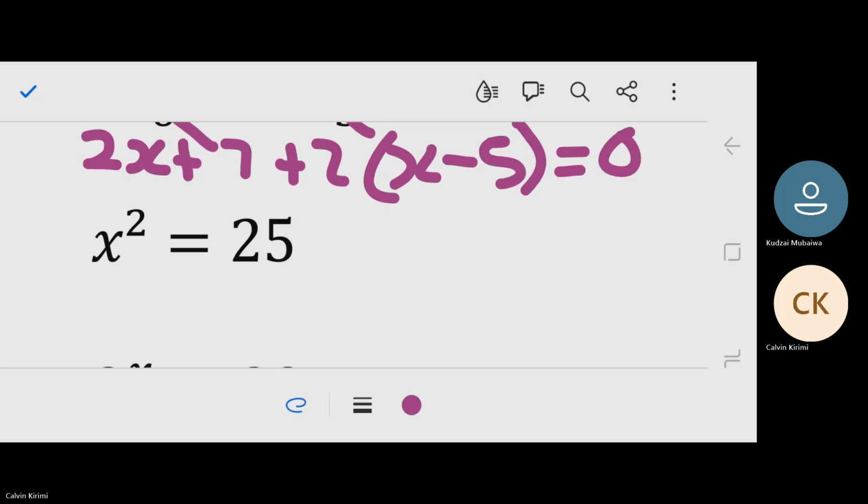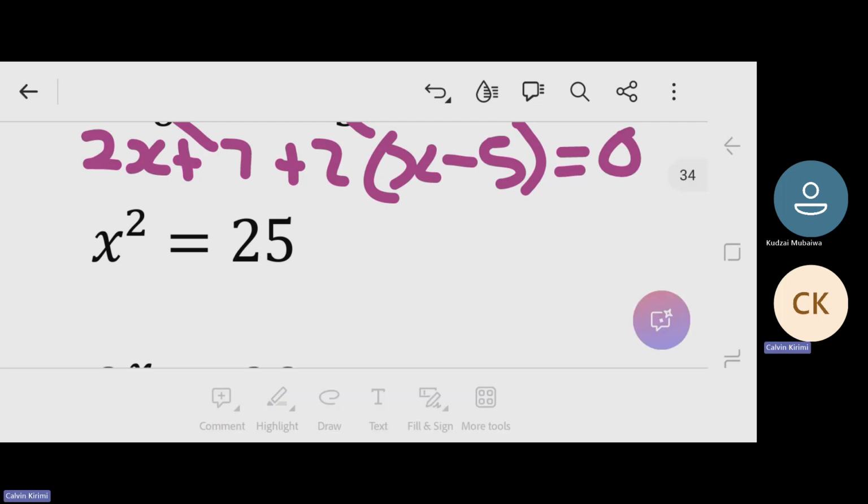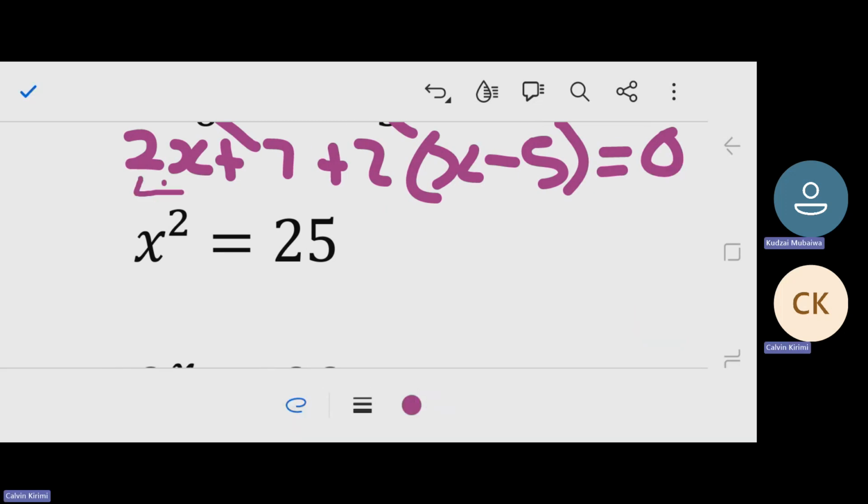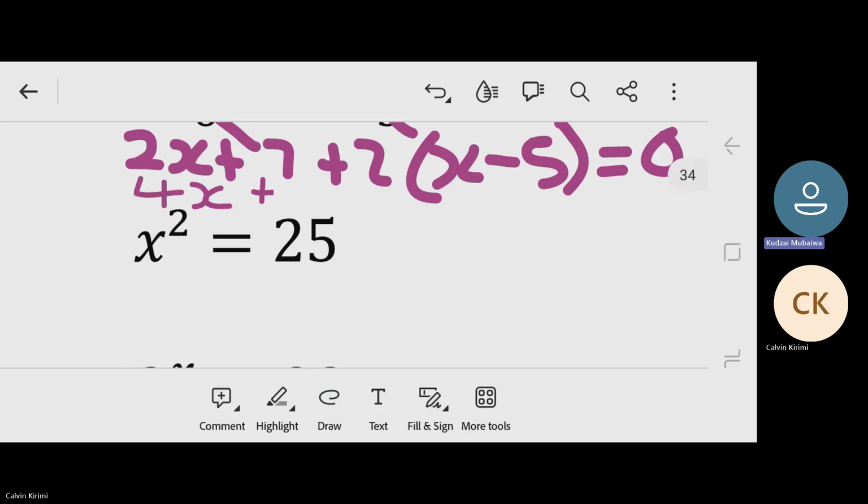Meaning it's going to be 2x plus 2x, which is 4x. Then plus 7 minus 10 is equal to 0. Any problem? Where did we get the...? Oh, yes, sir, I can see.